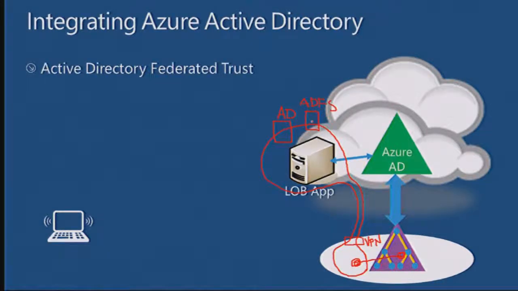So I could have ADFS here, and I have to have an ADFS box here in order for this federation to work, because that's the thing which does this federated connection. So the connection between Active Directory in the cloud and Active Directory on premises is this box here, ADFS.